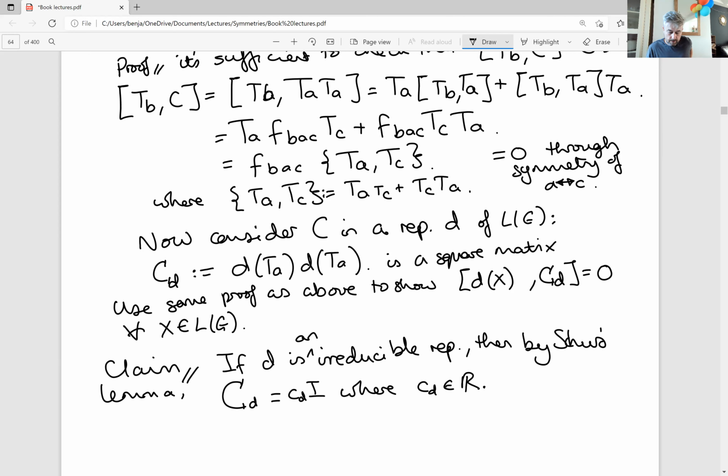This is essentially what Schur's lemma tells you, and so you see the exercise for the proof.